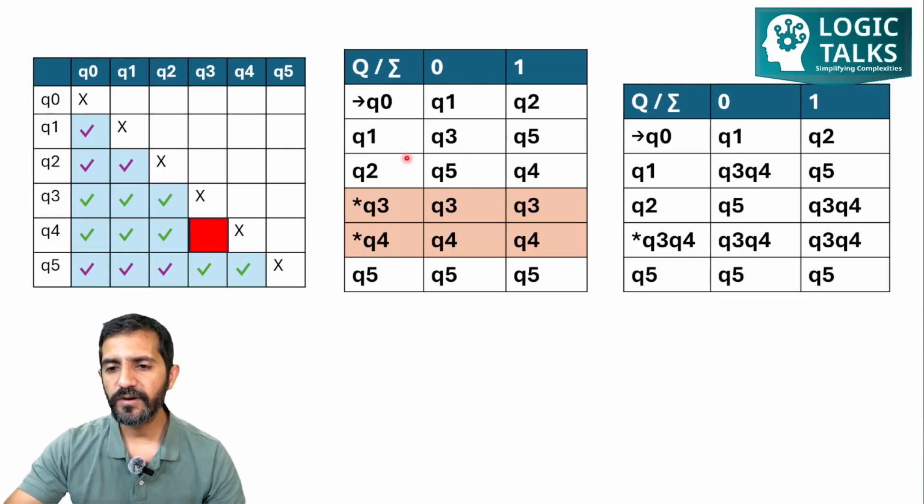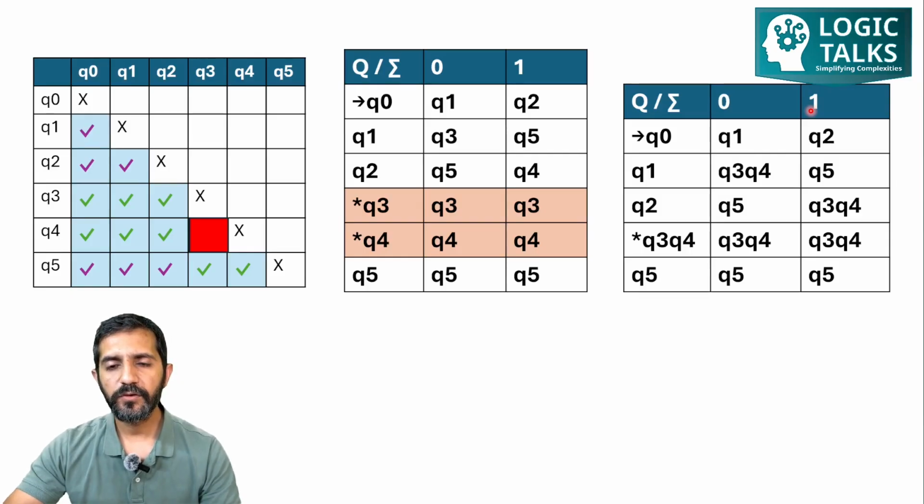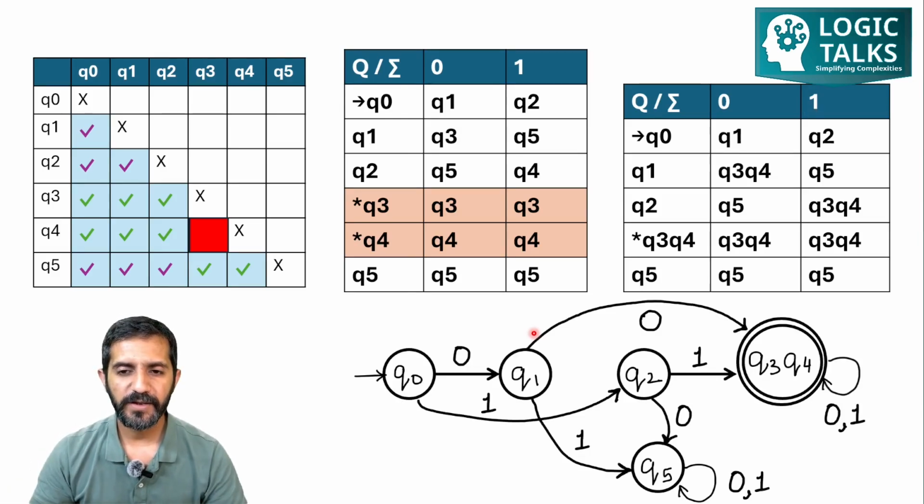And wherever you are finding Q3 or Q4 written in any other transition, that will be replaced with Q3, Q4. Here you are having Q3, this was replaced with Q3, Q4, and here you are having Q4, this will be replaced with Q3, Q4. So this implies that Q3, Q4 was kind of a redundant state, meaning they were the same. So this is the state transition diagram that we got after minimizing the given DFA.